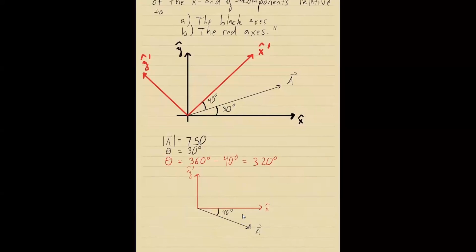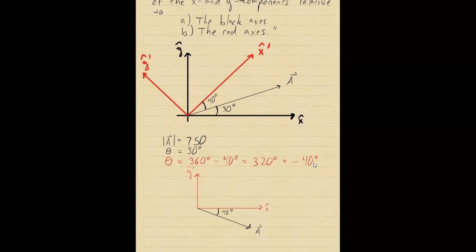So our theta for red can also be minus 40 degrees. I just want to let you know that this angle and this angle are the same. Whichever one you use, you'll get the correct answer, okay?